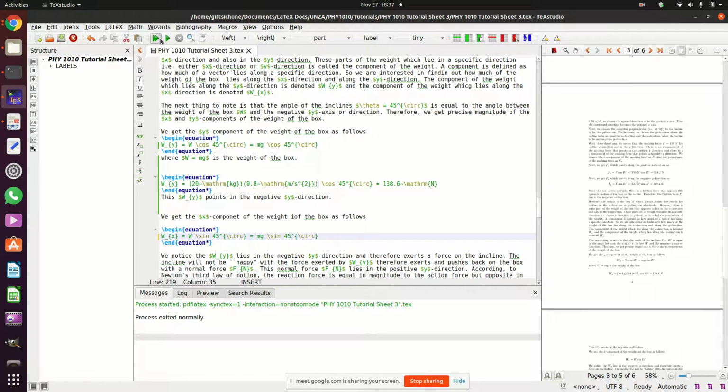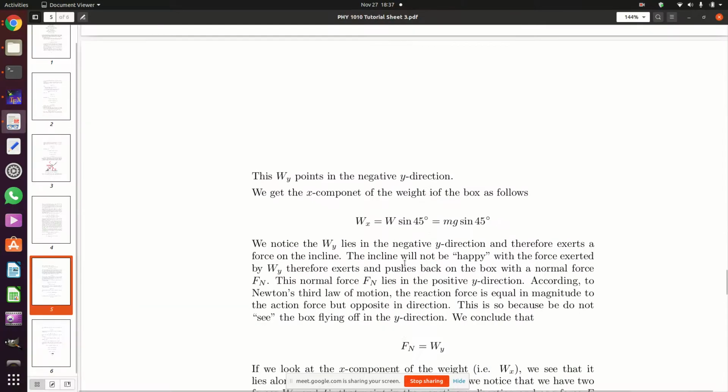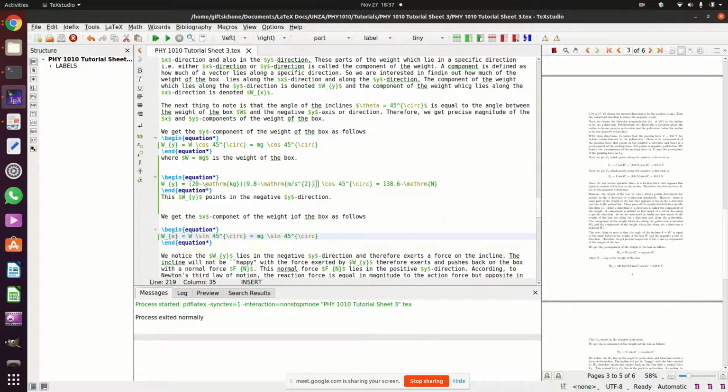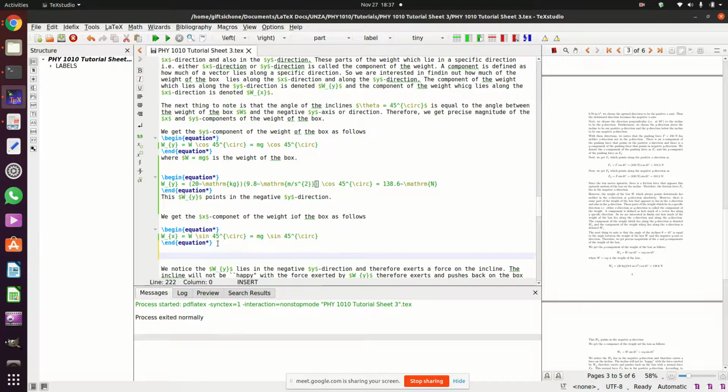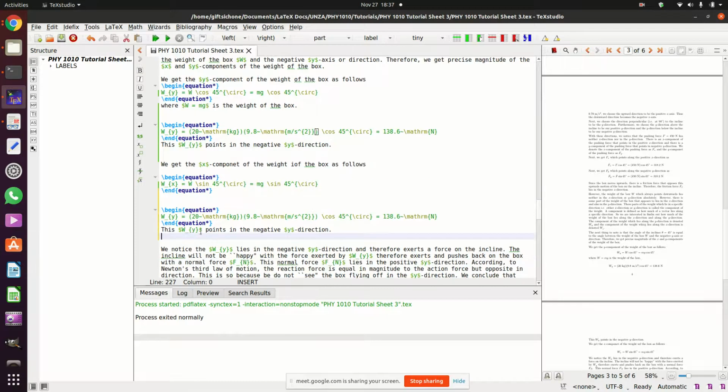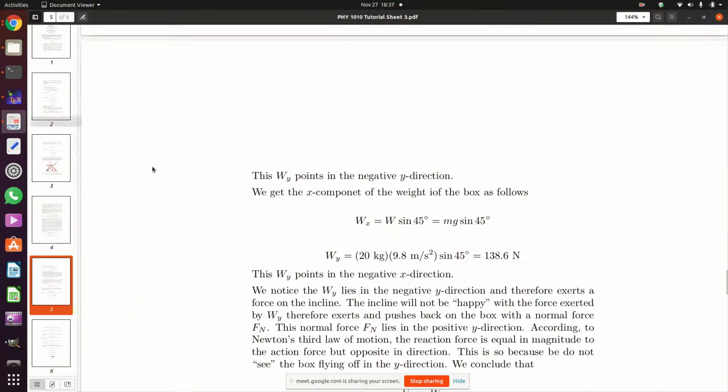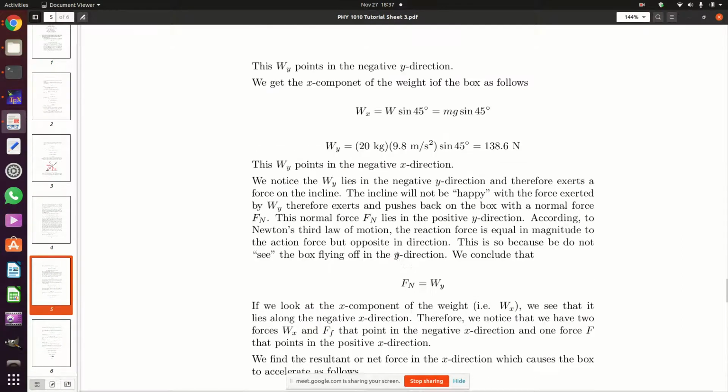So we're going to have W sin 45, then mg sin 45. The answer is going to be the same, because sin 45 and cos 45 give you the same answer.